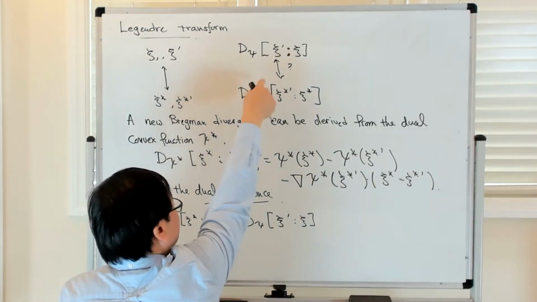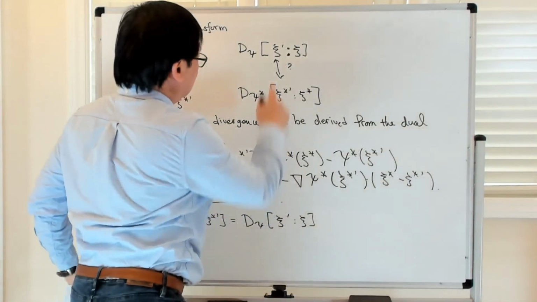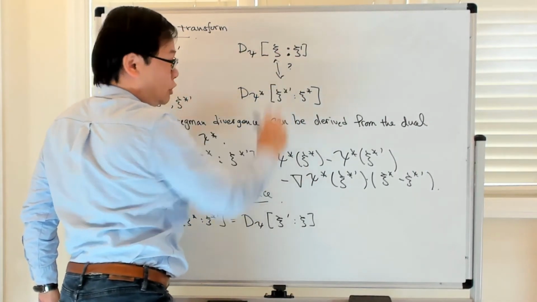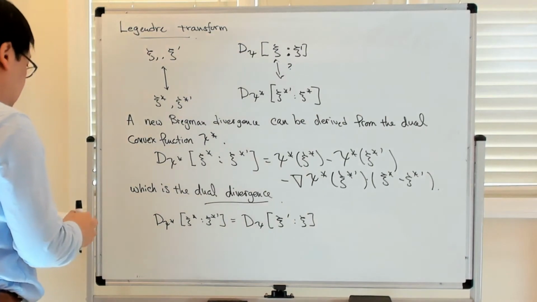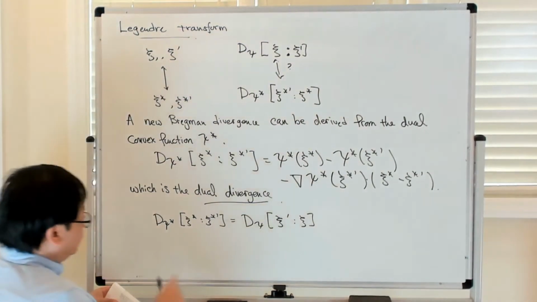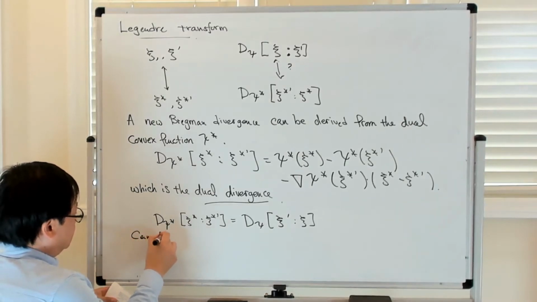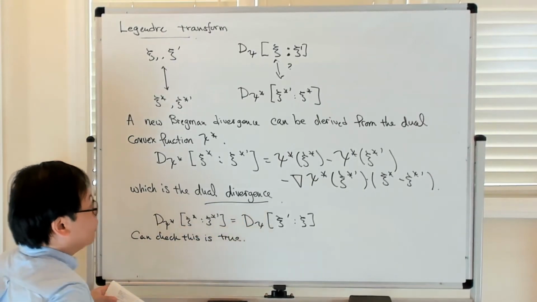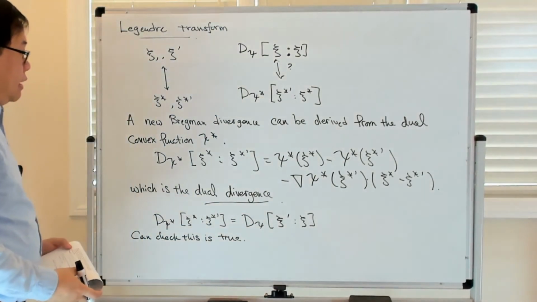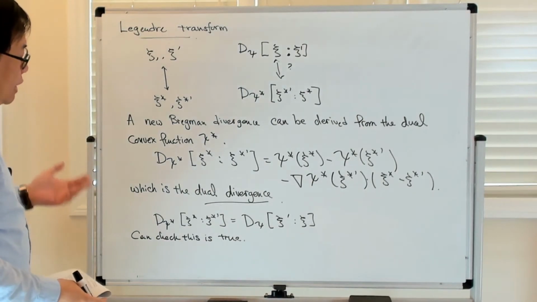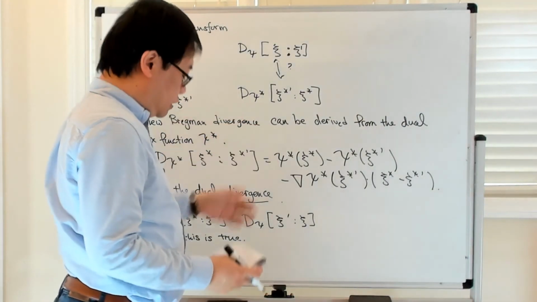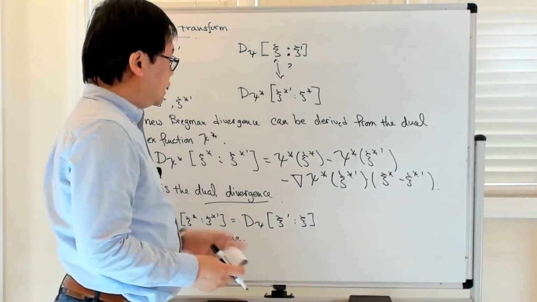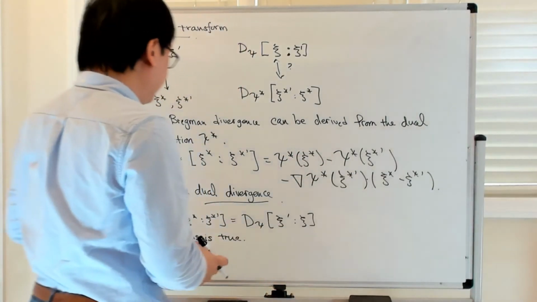So this relationship only holds if you reverse the order when you go via duality. You can check this, this is true. And as you might expect, the way you do this is by just using the definition of the Legendre dual of the convex function, as well as the Legendre transforms, which relate everything together.